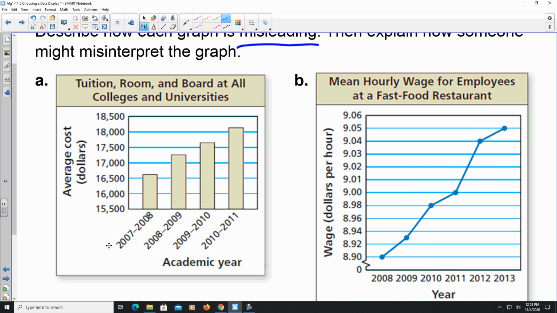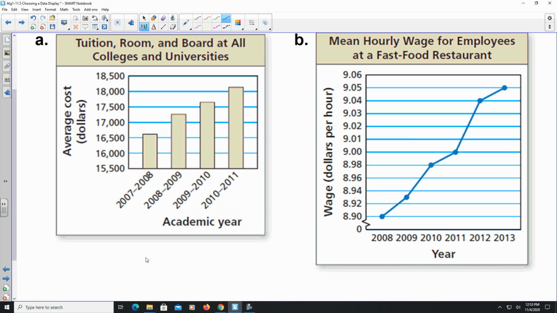If you look at these two charts, the first one is talking about college tuition over the course of 4 years. It looks like it increases quite high, quite rapidly just because of how big the boxes are. But in reality, between 2007 and 2011, it only went up about $1,500.